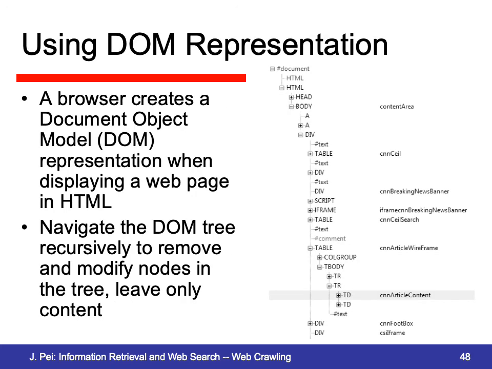We may also use the document object model representation to look at the different components of a web document. Typically, a browser creates a document object model representation when displaying a web page in HTML. We can navigate the DOM tree recursively to remove and modify those nodes in the tree by retaining only the main content.